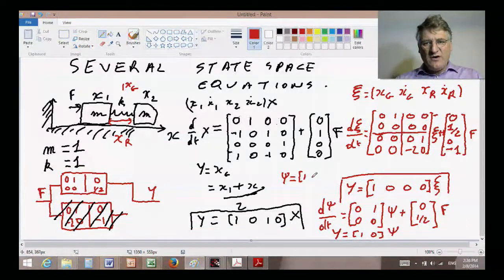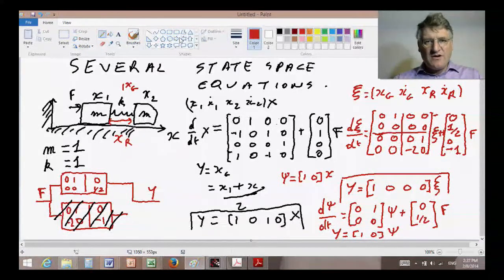Sorry, let me correct this. Psi is a state, and it is the state made of xg and xg dot.